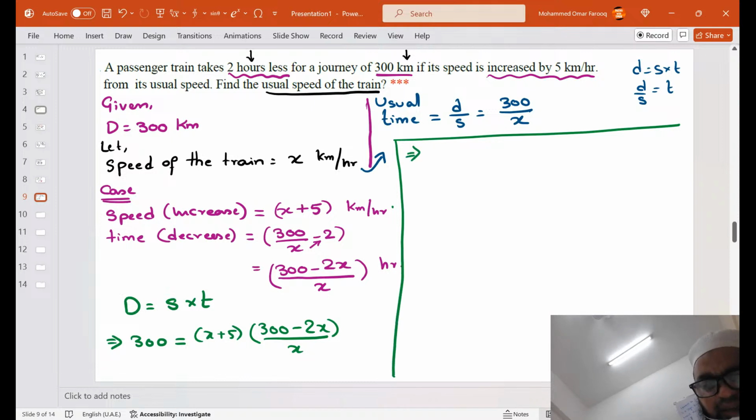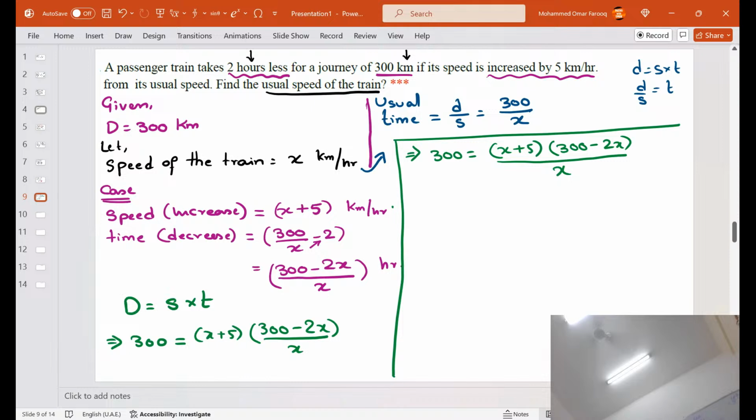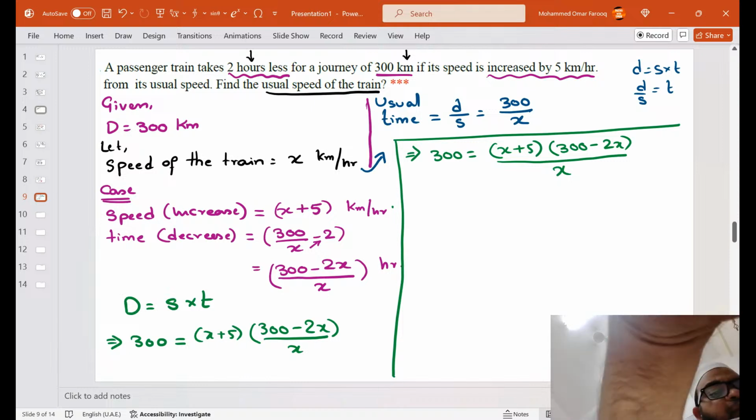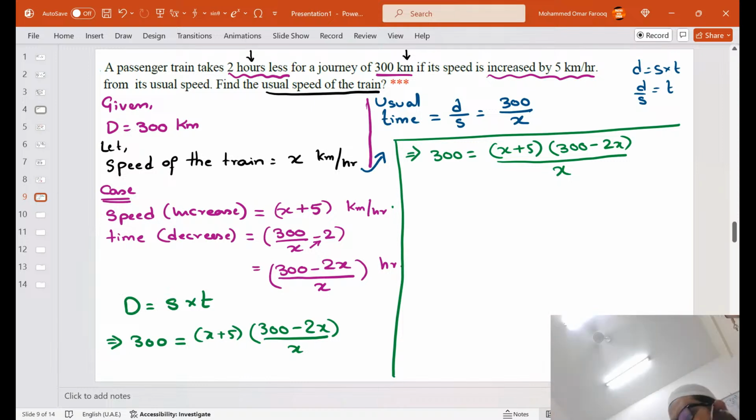That implies 300 equals x plus 5 multiplied by 300 minus 2x divided by x. Is it clear till now? Are you able to understand?